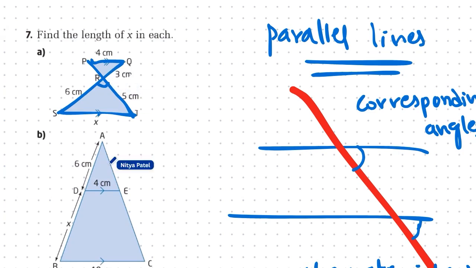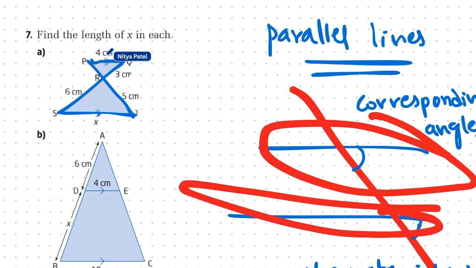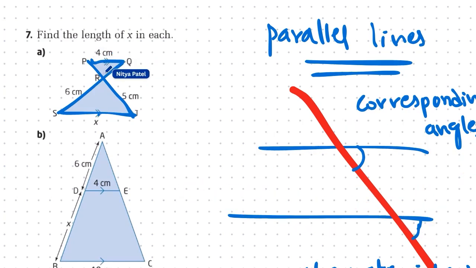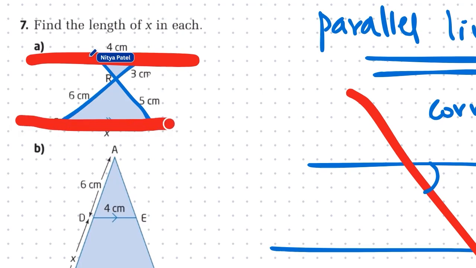Would it be this and this? See, alternate interior angles are between parallel lines. Among the parallel lines you have to do it. First things first, this and that? See, the parallel lines are these two lines, right?